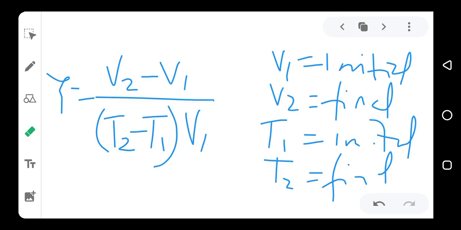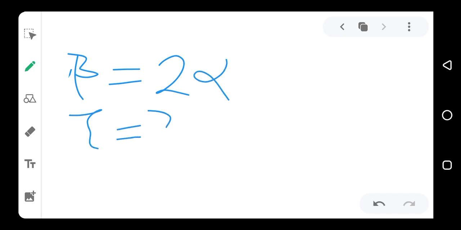Please notice that area expansion or area expansivity beta is equal to 2 alpha, and gamma is equal to 3 alpha.